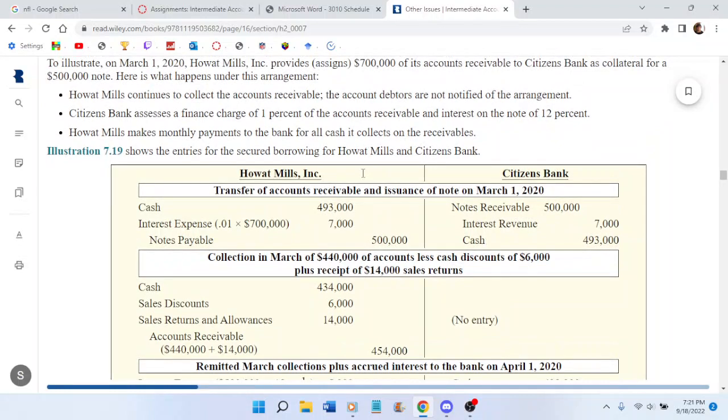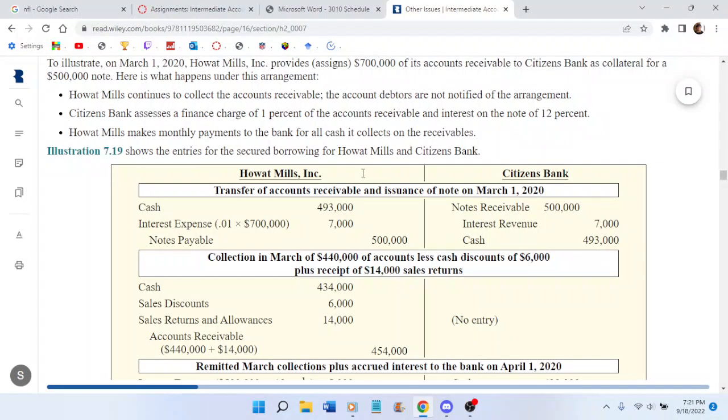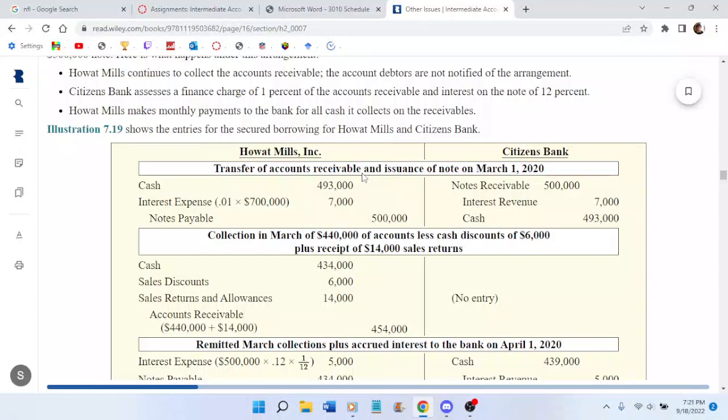Wait just a minute here. Cash, interest revenue, notes receivable. Yeah, but how does this have anything to do with the accounts receivable of Howard Mills? Because, oh my goodness. Collection in March.